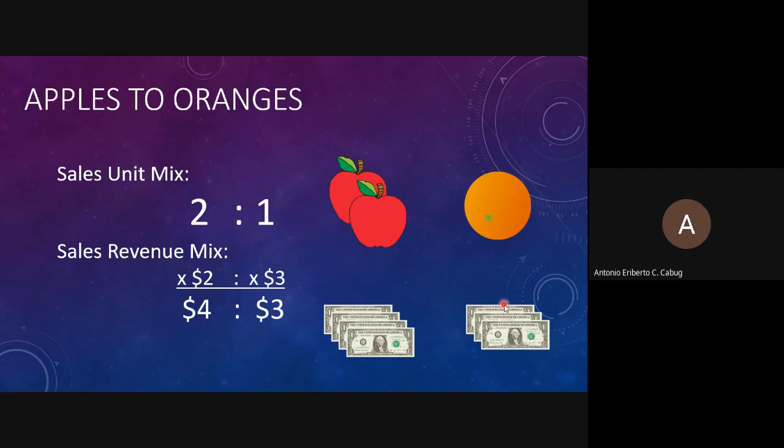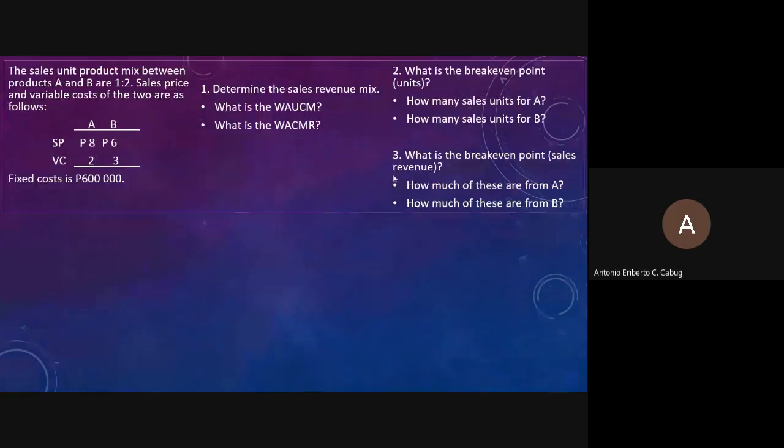Okay? Allow me to use this as a demonstration of how to perform multi-product CVP. How do we perform multi-product CVP? Go. The sales unit product mix between products A and B are 1:2.